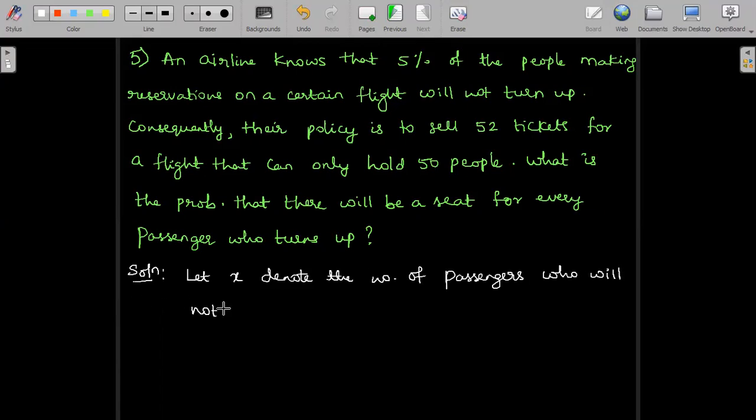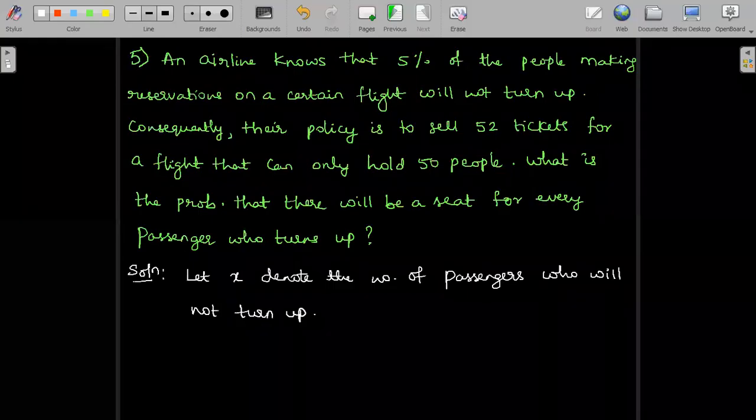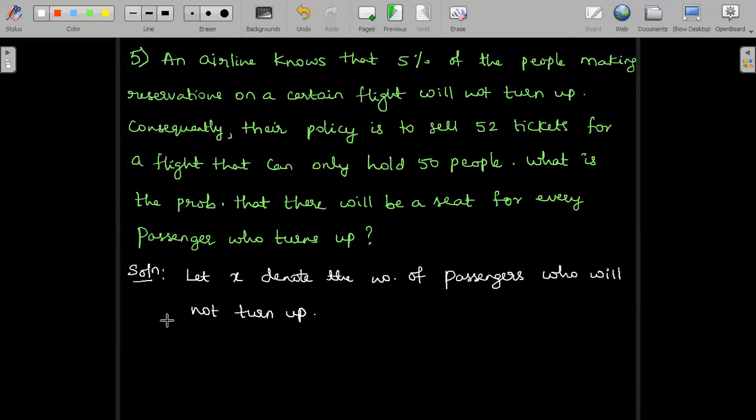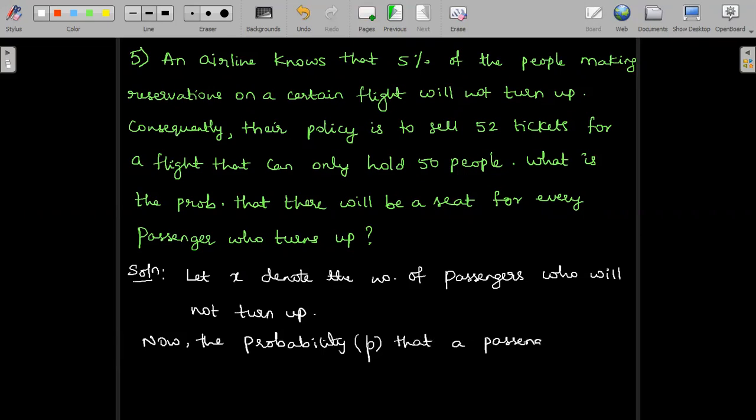Now, the probability P that a passenger will not turn up is P equal to 5%.